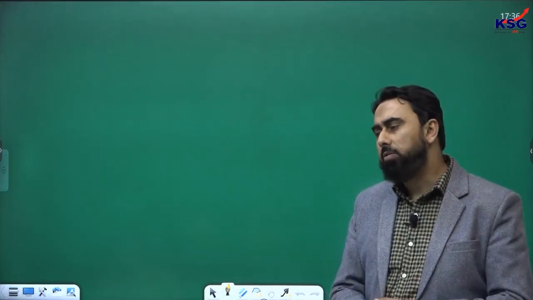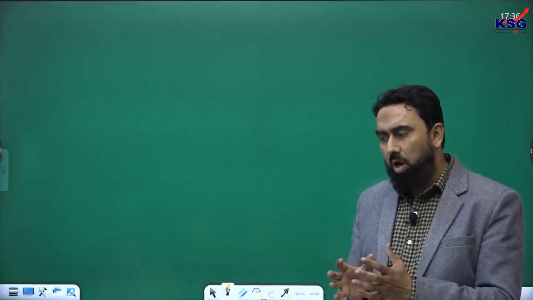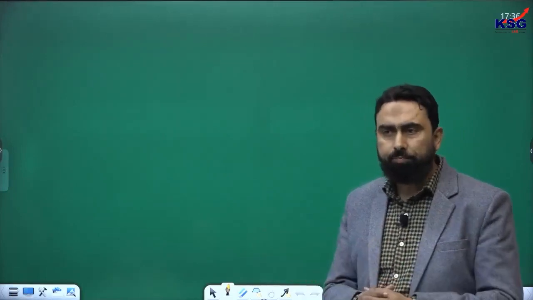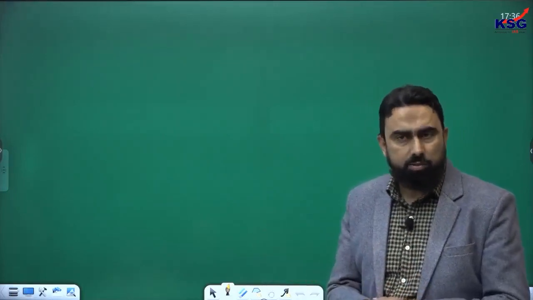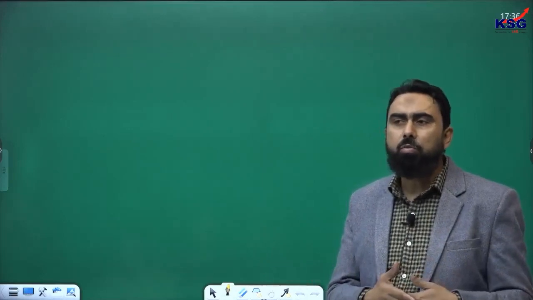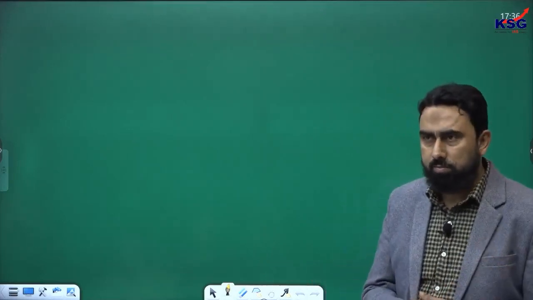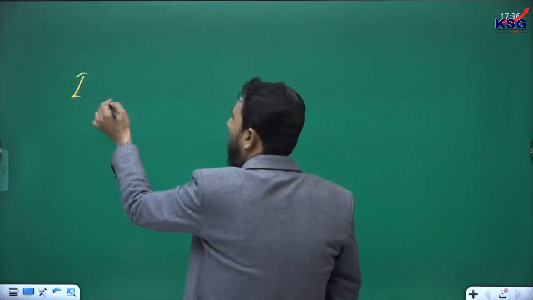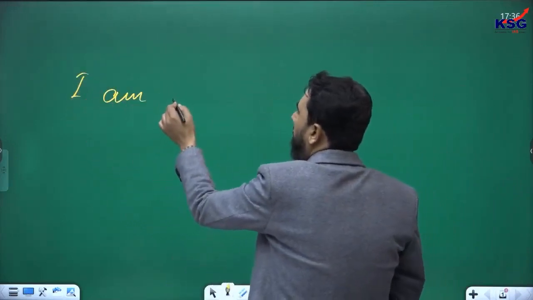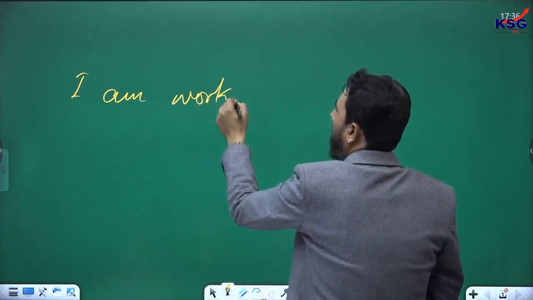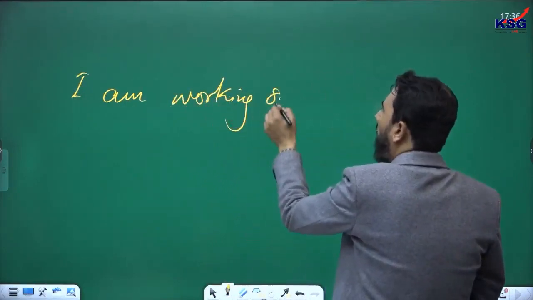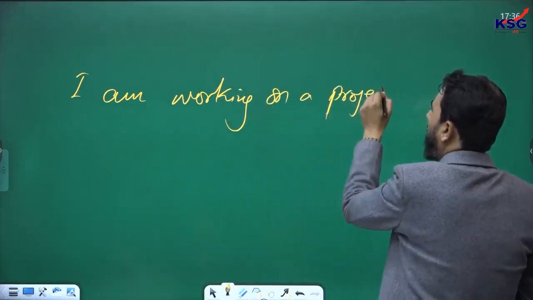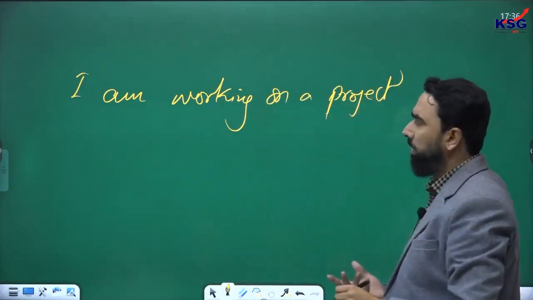Fourth error is that when you are going to use the ing form of the verb, like we use in continuous tenses, and we also use the ing form in perfect continuous tenses. So if you say, I am working on a project, it sounds fine because currently you are working.